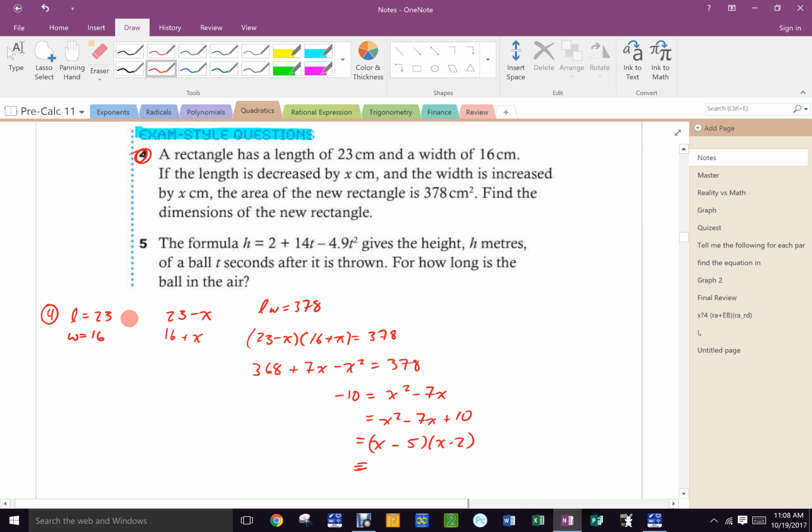So your length can either be 23 minus 5 or 23 minus 2, and your width is 16 plus 5 or 16 plus 2. So it's either 18 and 21, or 21 and 18. Same thing. Those are the dimensions.